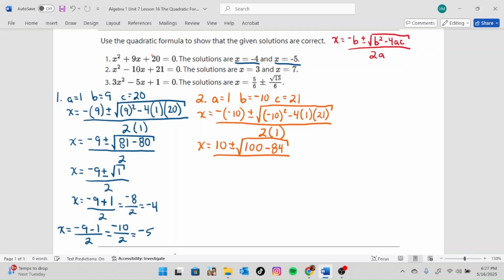And that is all divided by 2 times 1, which is 2. 100 minus 84 is 16. And the square root of 16 is plus or minus 4.